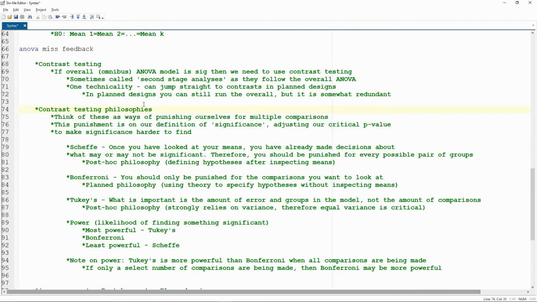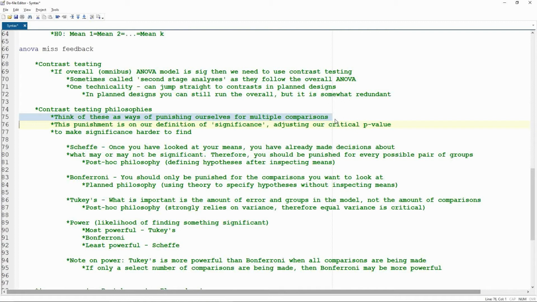Each of these 3 approaches to adjusting significance, to controlling for type 1 error, comes with its own philosophy. The general philosophy across all 3 is that we are punishing ourselves for multiple comparisons. The fact that we are looking at different levels of 1 IV over and over again means that we could be inflating our type 1 error rate, inflating the chances that we will find a significant effect when one doesn't exist.